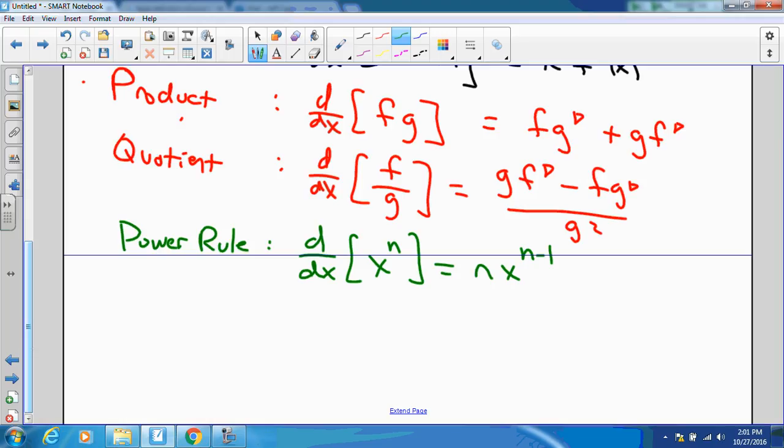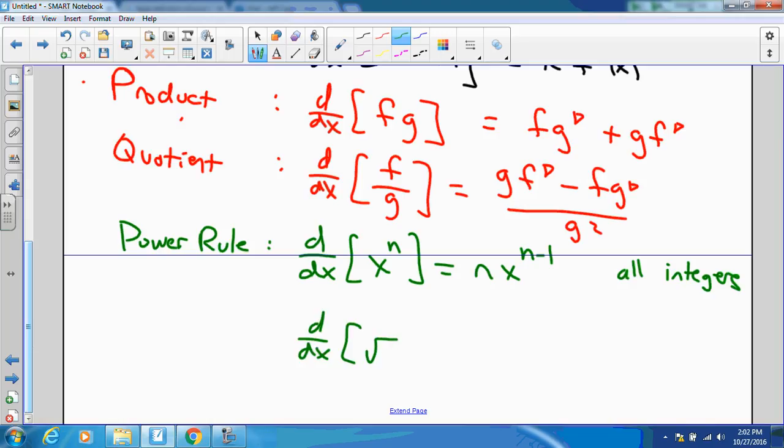Like x to the 0 is a constant. Right. So therefore, since this applies to all negative integers, all positive integers, and 0, all integers. Later on, we will extend this power rule to include other types of numbers, but so far we've only proved it for all integers.